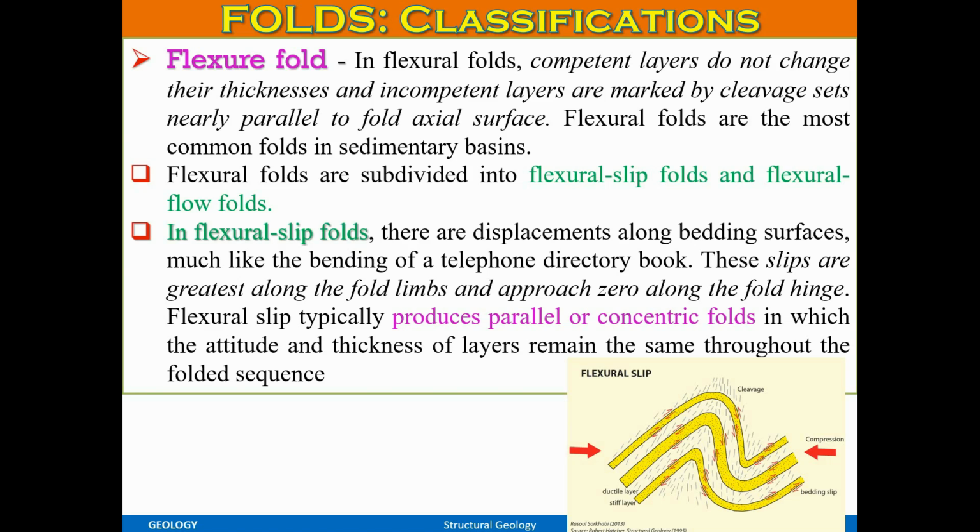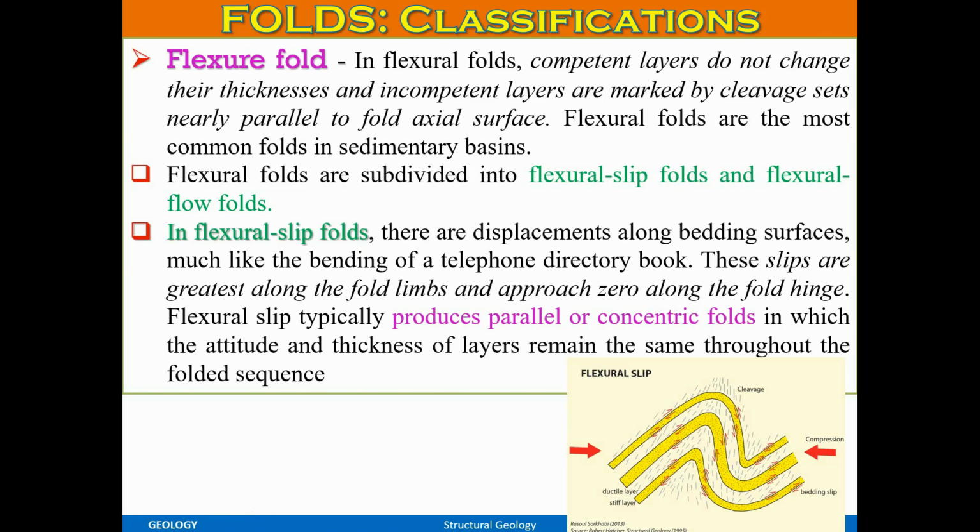In flexural slip folds, there is displacement along bending surfaces, much like the bending of a telephone directory. So if you are bending a thick book, suppose a 1000 page book, there would be a displacement along the bending surfaces this way. There will be a displacement in the bedding surfaces in the competent strata.